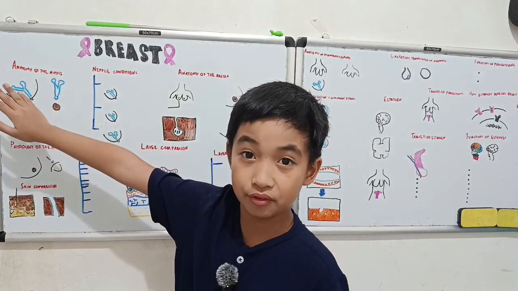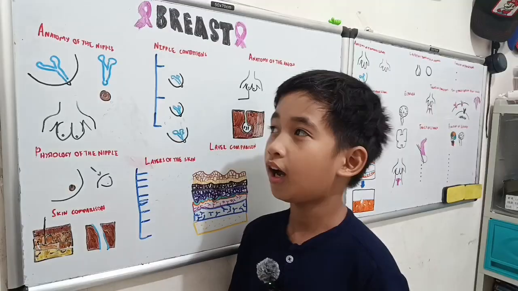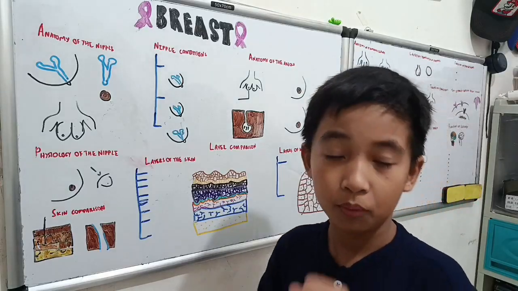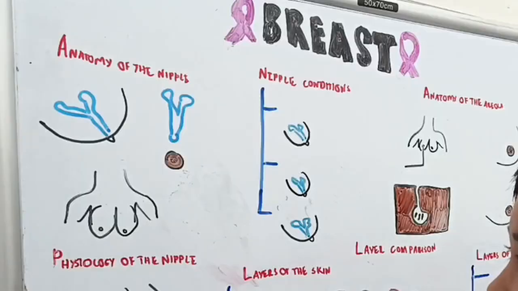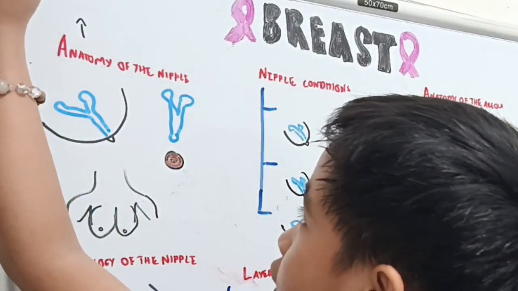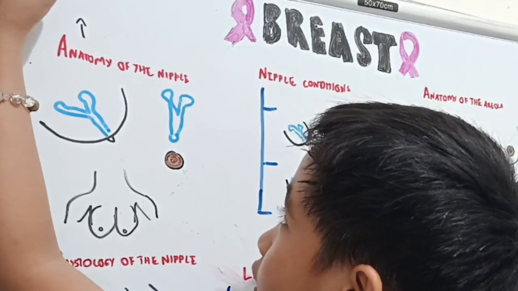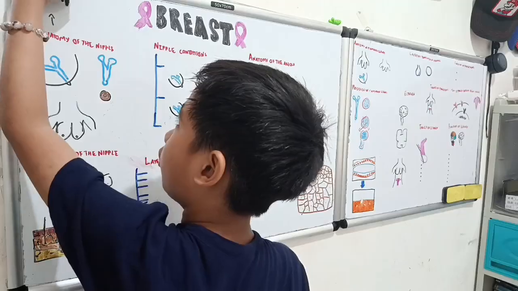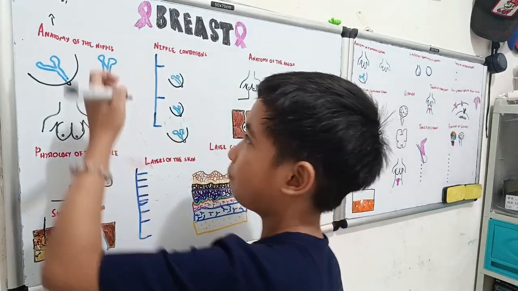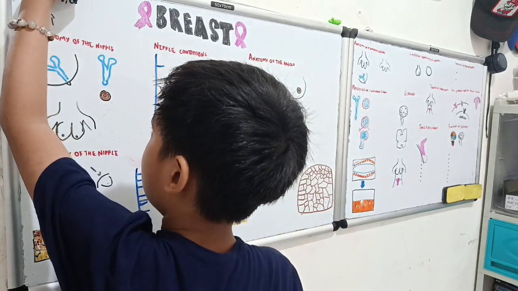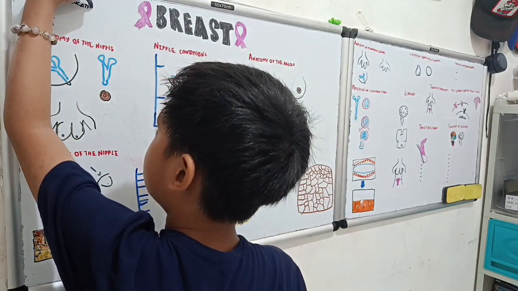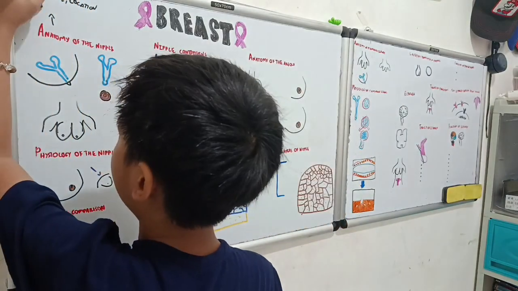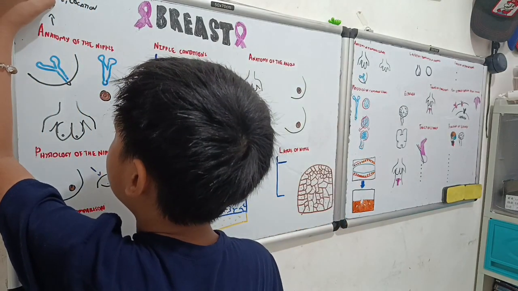Talk about the anatomy of the nipple. Alright, so we're here now talking about the anatomy of the nipple. What does anatomy actually mean? From this word, it means structure, or maybe also location, associated with those things, but does not have function.